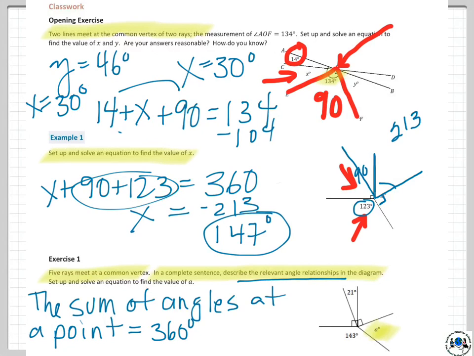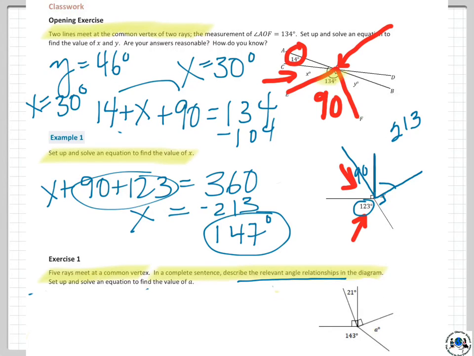We had angles on a line and angles at a point. We haven't actually seen that till right now, these last two. And again, angles at a point just assumes that you can make this into a circle, just like we had mentioned before, and they're all going to equal 360. All right, so let's go ahead and set up an equation.